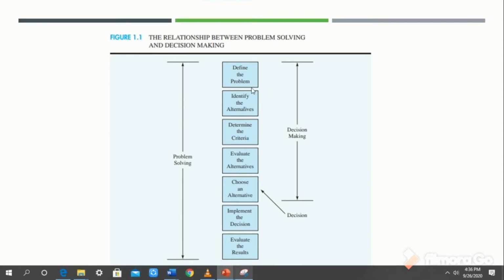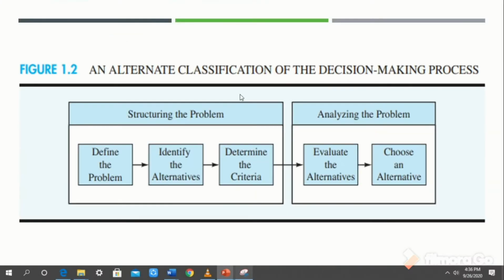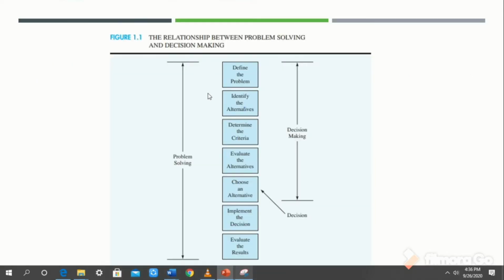Para makita nato ang relationship sa problem solving ug decision making, kung diri ka sa problem solving, gikan gid siya sa defining the problem up to evaluating the result. So hangtod nga ma-evaluate na gid nimo ang result niya.